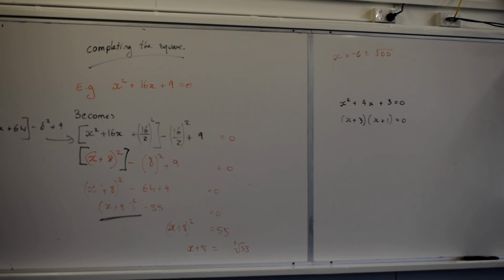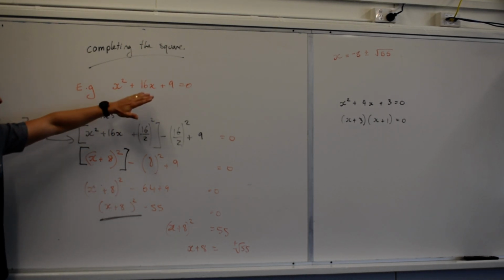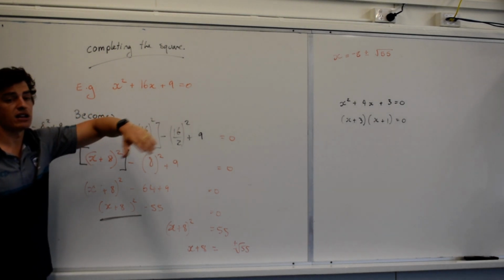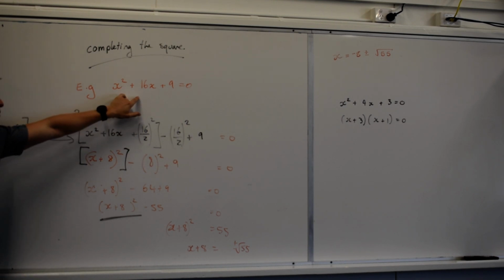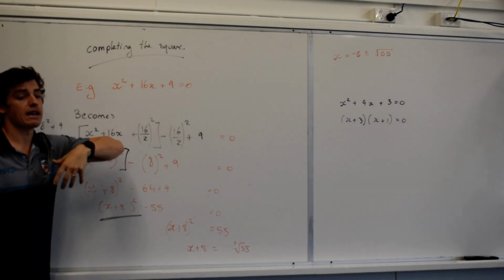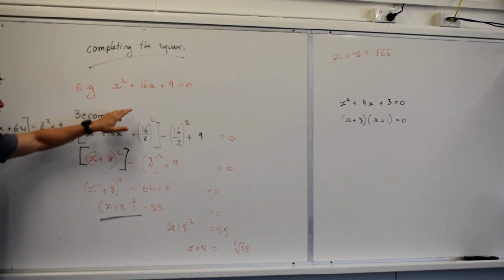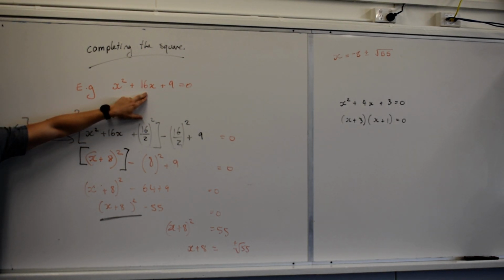It is tricky, there's a bit to it. So I'll talk about the steps again just so we're clear. I see this quadratic. I'm asked to solve it in a tech-free exam. I can't use my calculator. Because there's no factors, I make up factors essentially. I look at this number in the middle and I halve it.